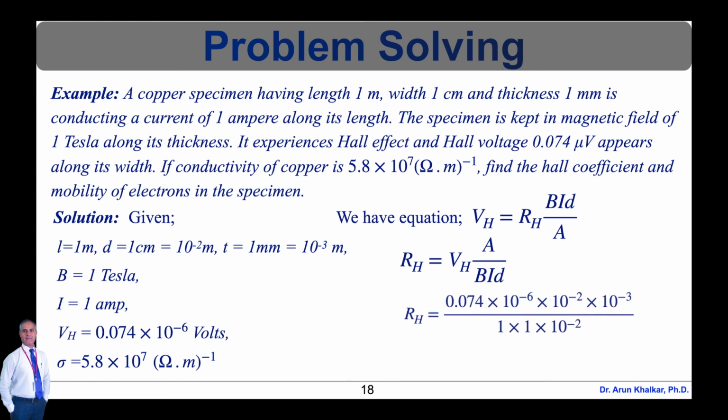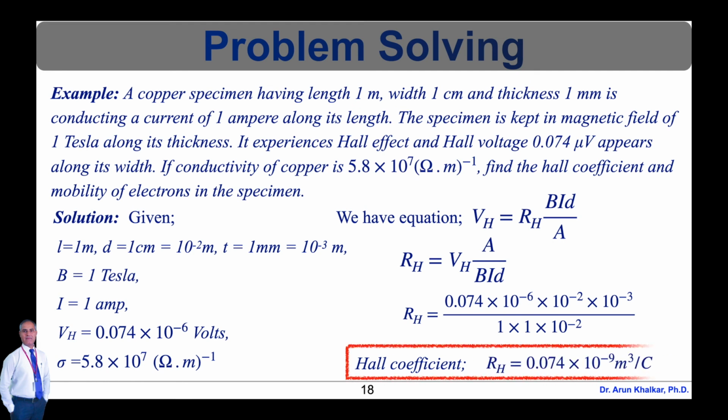Simply by putting all the values of these parameters in this equation, we can write RH is equal to 0.074 × 10^-6 into 10^-2 into 10^-3 divided by 1 into 1 into 10^-2. After calculating all these values, we have the Hall coefficient RH equal to 0.074 × 10^-9 meter cube per coulomb.